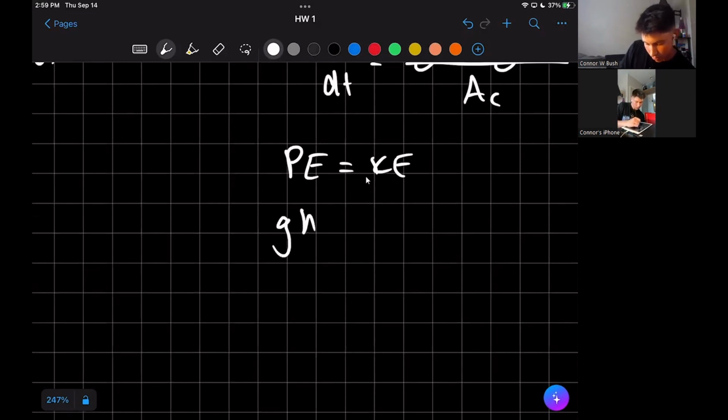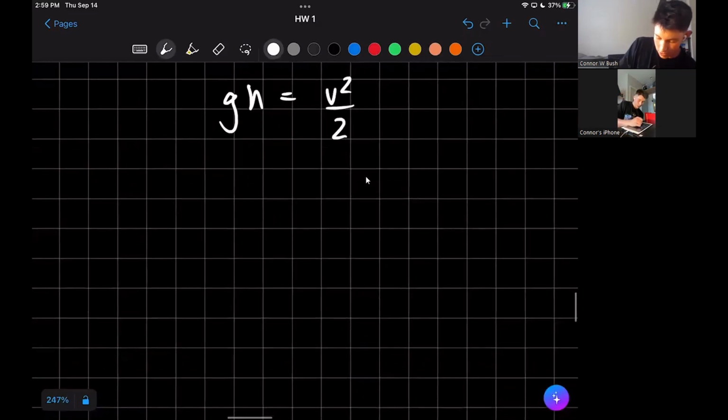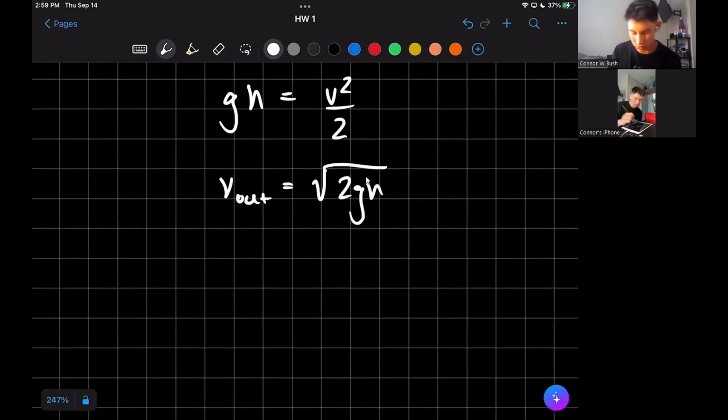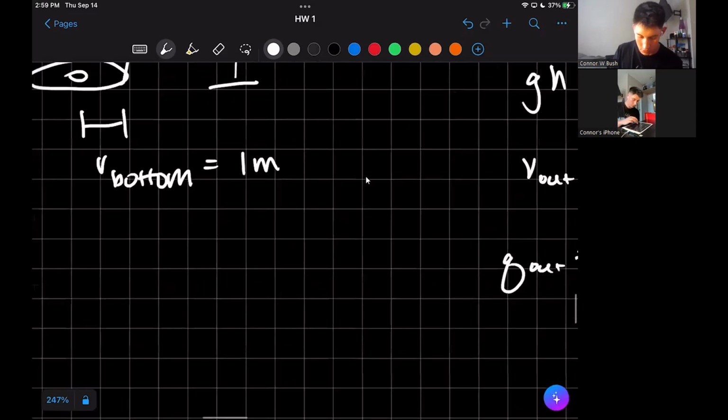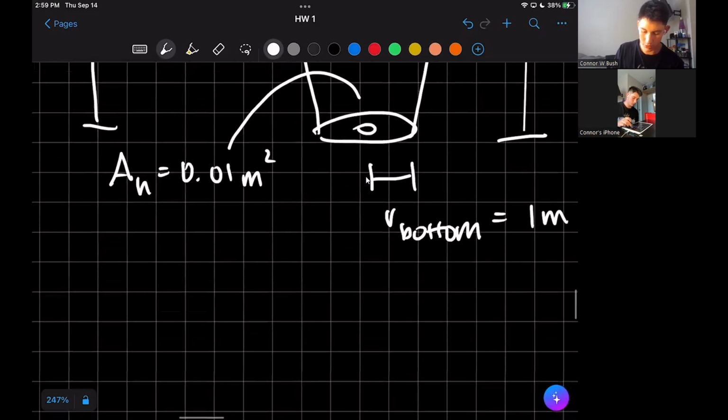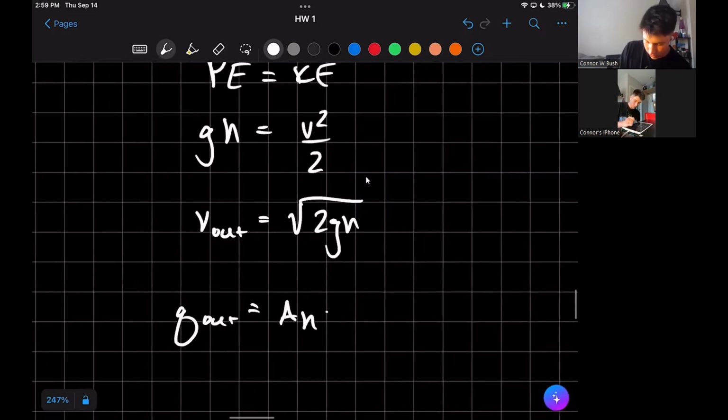So acceleration due to gravity times any height h is equal to the velocity leaving squared divided by 2. And then if we solve for velocity, we get this expression. And then we also know that the flow rate out is equal to the cross-sectional area of the hole at the bottom, AH, multiplied by the velocity leaving.